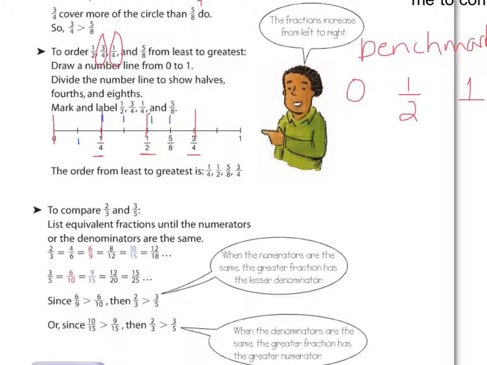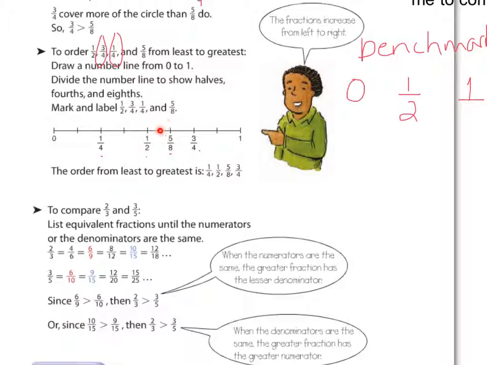So 5/8. Now I can look at this and compare to see which fractions are smaller and which fractions are larger. I can see that 1/4 is my smallest fraction, 1/2 is my middle fraction, 5/8 is larger, and 3/4 is the biggest. Using benchmarks to help me, I could see that 1/4 is definitely closest to 0. 1/2 is really close to half.